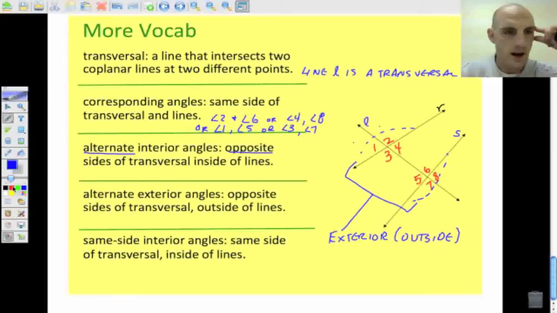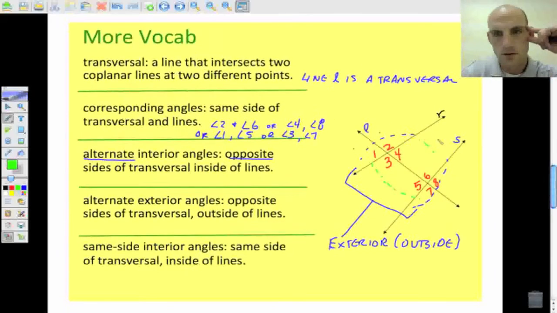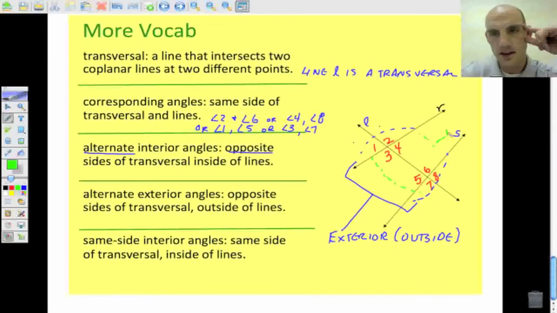And I'm going to mark with green here. This is the interior. Okay, so that's the interior. Inside the lines is the interior, outside those lines is the exterior.